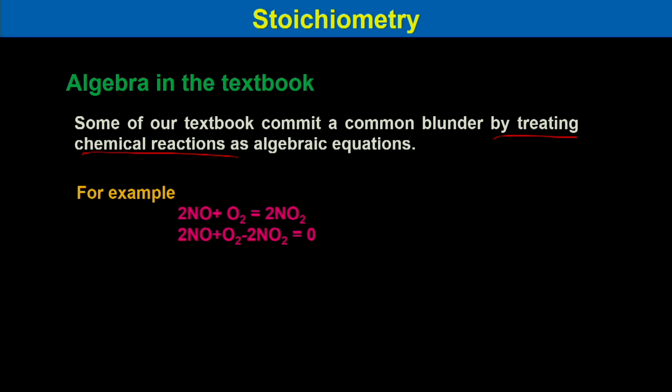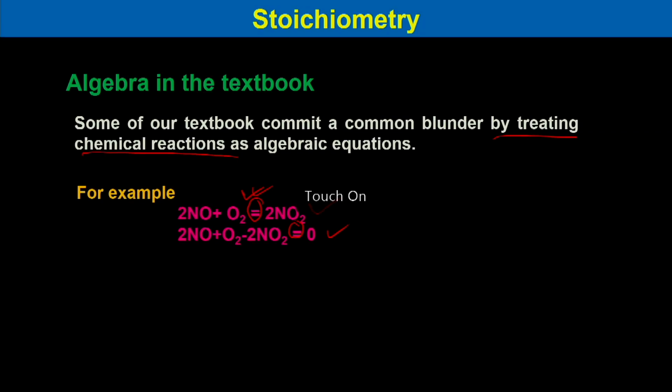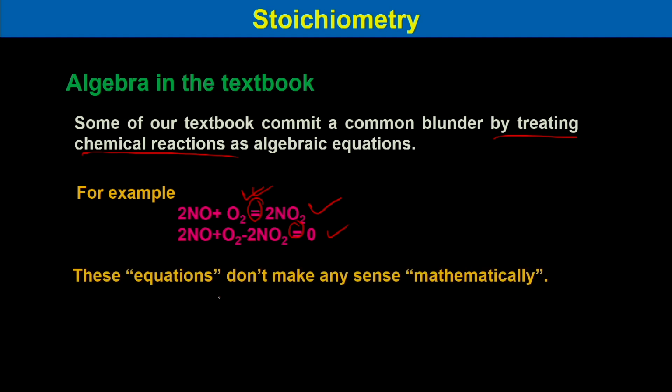Whether these chemical reactions are correct representations? As you can see, these are represented with the equality sign. A chemical reaction cannot be represented with the equality sign, so this is not correct. In some textbooks you will notice equations like this that do not make any sense mathematically. So, do not do this.